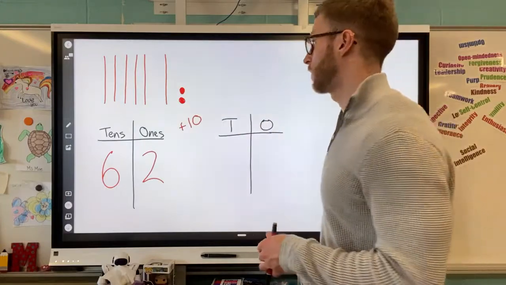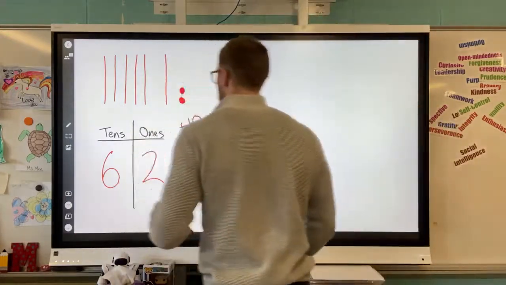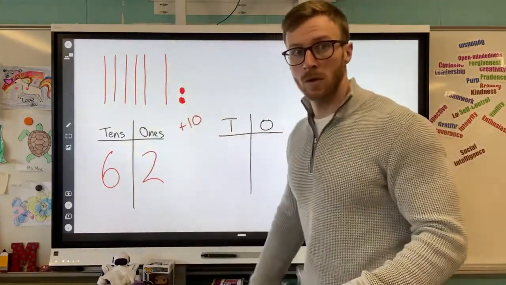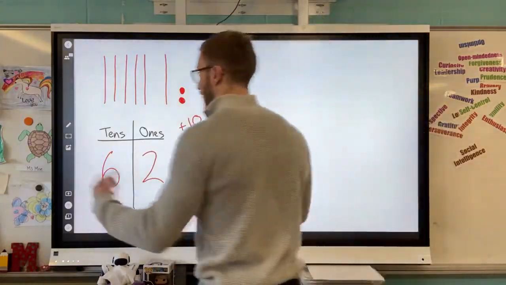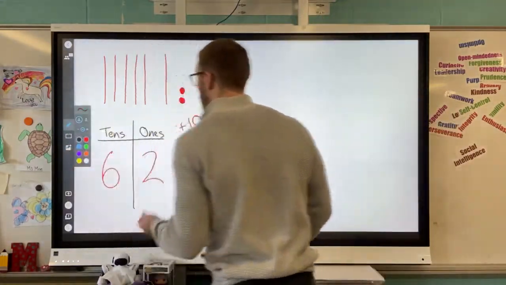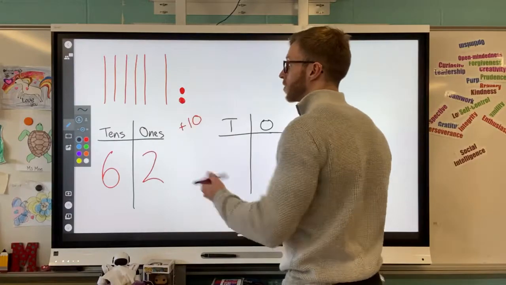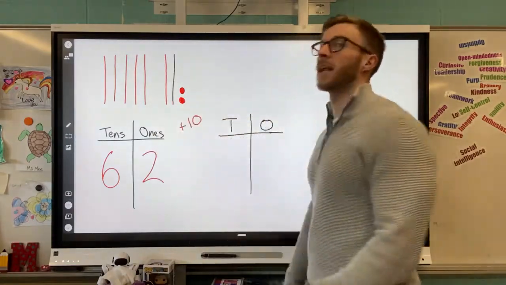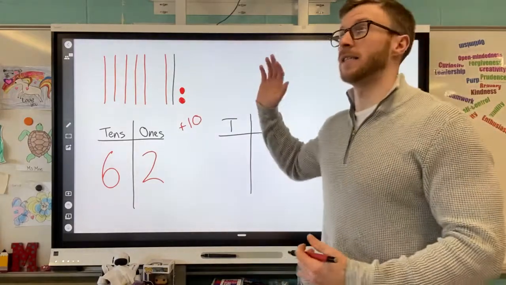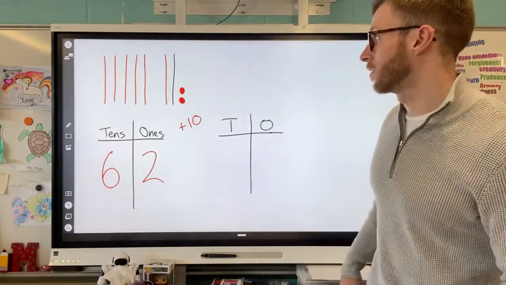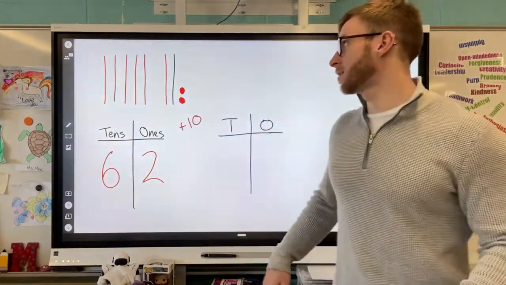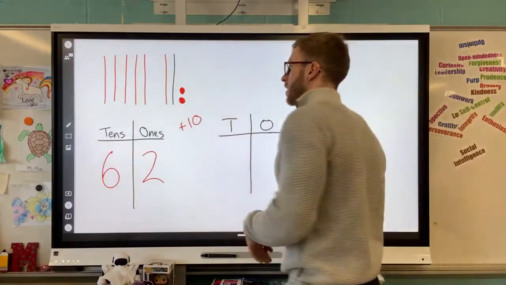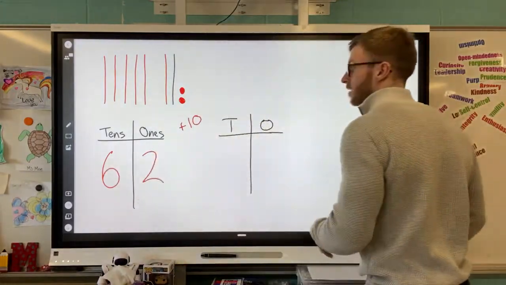Let's do it with our picture first. I need to add 10, so am I going to draw 10 more circles? No. I could do that, but that's a lot harder. I'm going to add another group of 10. So I'm going to add a 10 stick. Ready? Right here. Boom. Again, I made it black so you can tell it is the one we are adding on. So I just added a 10 stick. We started with 6 10s and 2 1s.